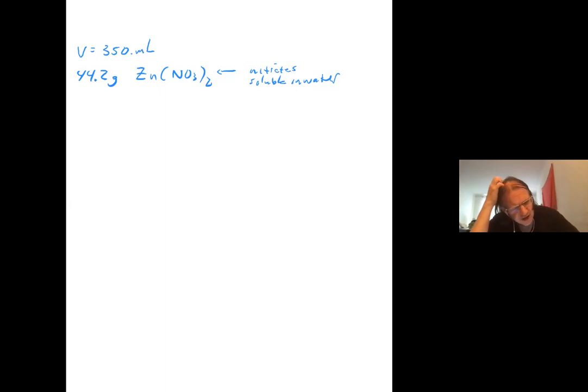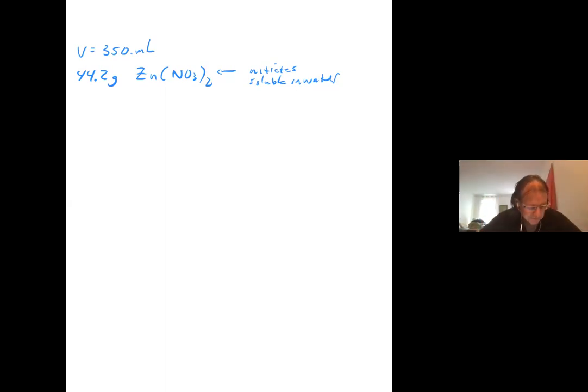How much is a sugar packet? A sugar packet is just a few grams. I think it's 4 grams in a sugar packet, those little ones that you get at the cafes and restaurants. So that's like 11 sugar packets. That's a lot of packets, but nitrates are soluble, so it'll probably dissolve.